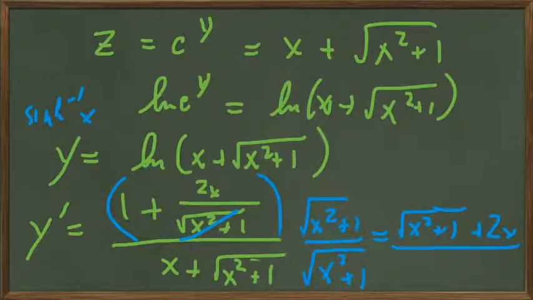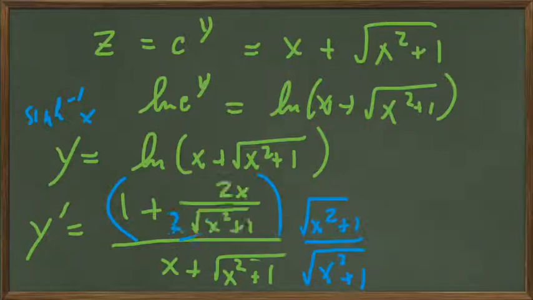When we take this derivative, there should be a 2 down here in the denominator, so that 2 cancels out with this 2. So we're going to do this multiplication by square root of x squared plus 1 over itself. We multiply it first by 1 and get this, and then we multiply it by x over square root of x squared plus 1.